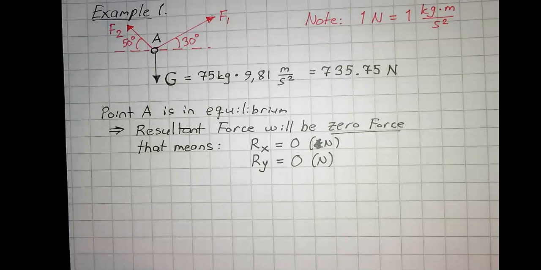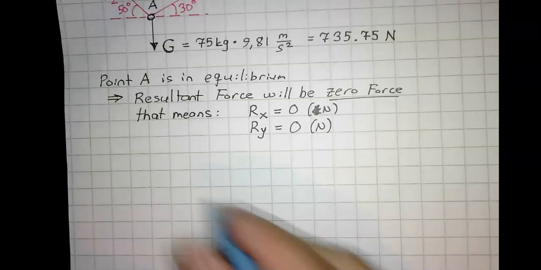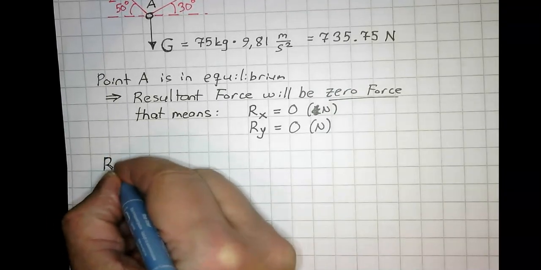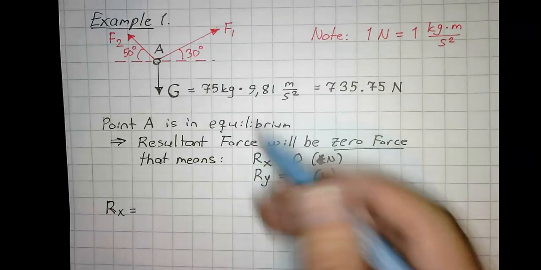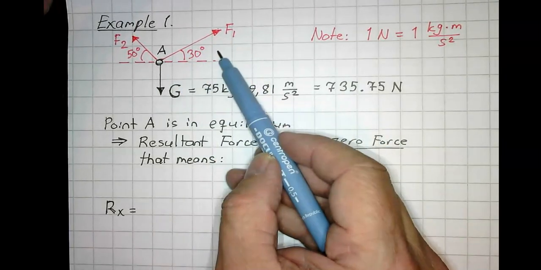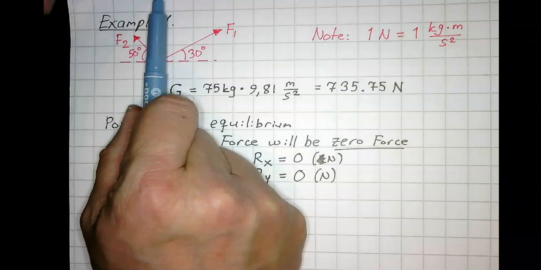And now when we calculate those resultant force or those components, this Rx, from that picture we can see that this F1 is oriented to the right hand side, so it will be positive, and the x component we get with the help of cosine.